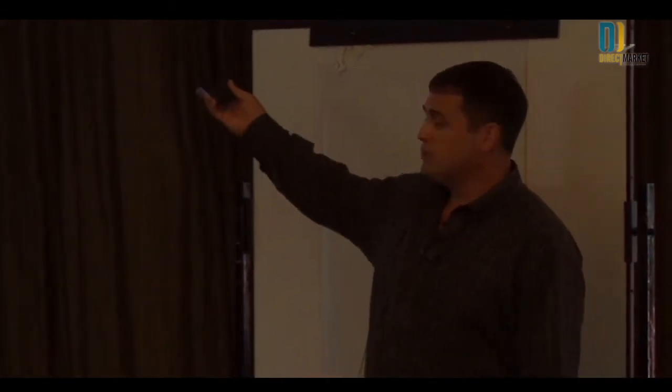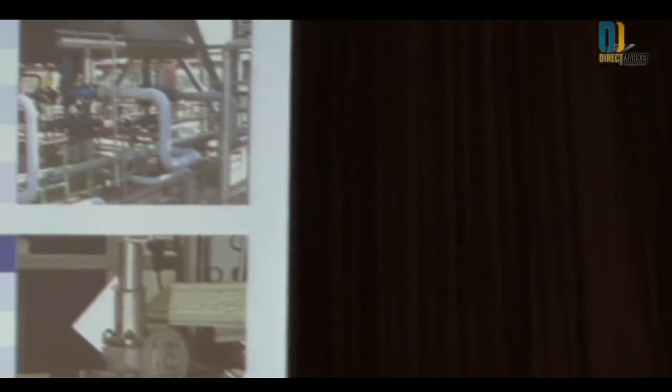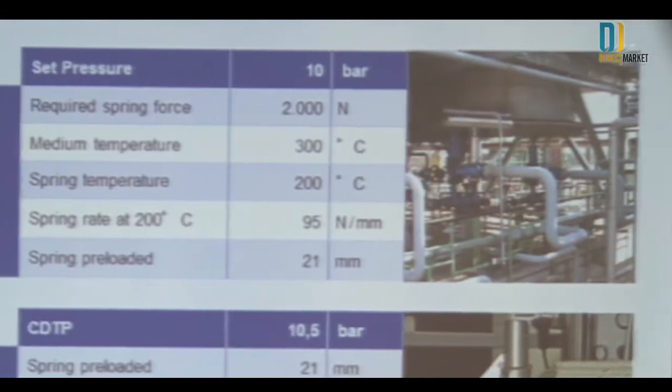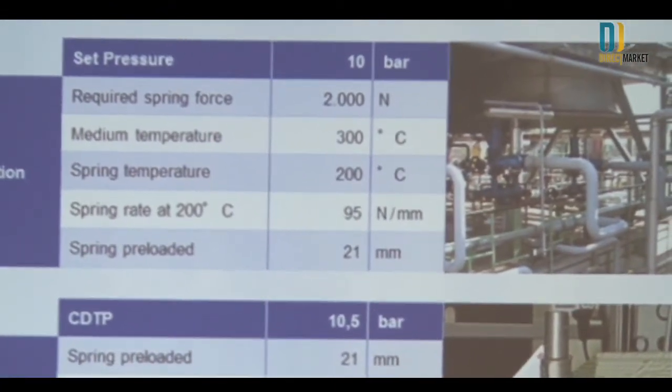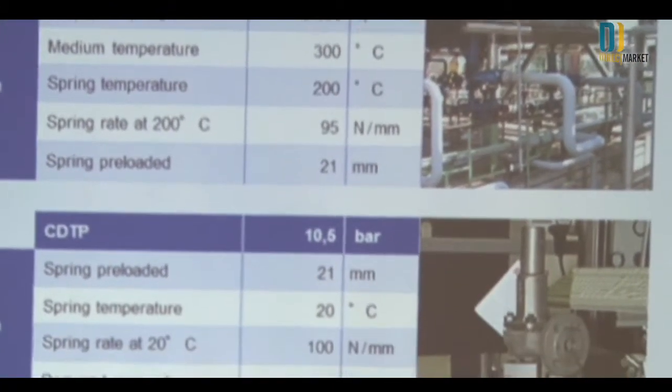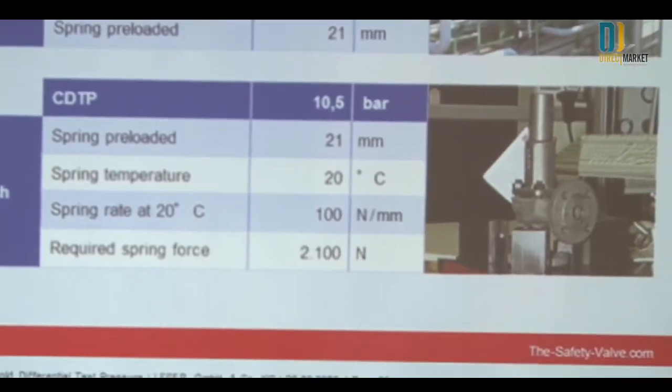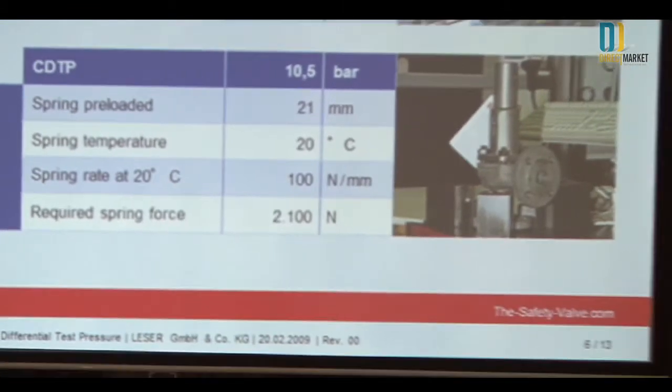When you put it in operation, the temperature could be up to 300 degrees in this case. So your spring temperature is going to increase. That's actually going to lessen the amount of pressure that you have pushing down on your disc. So you want to compensate for that while you're setting the valve. So here it shows the set pressure in operation. You want it to open up at 10 bar.